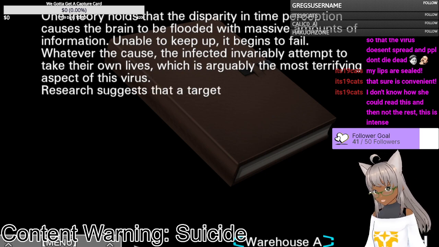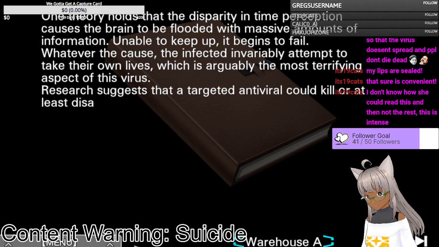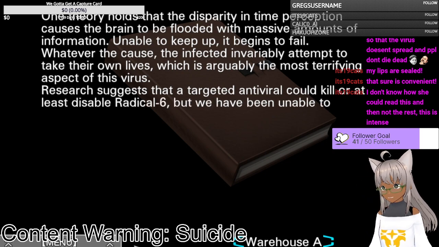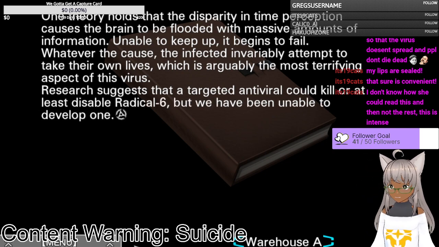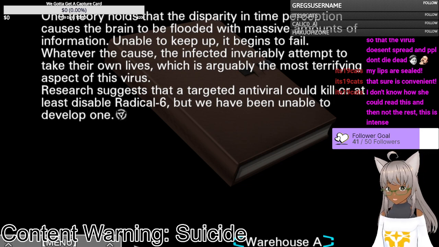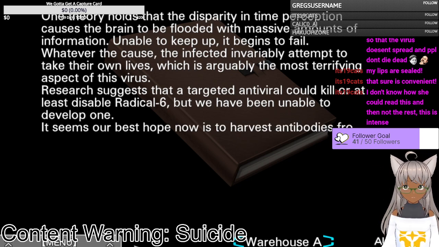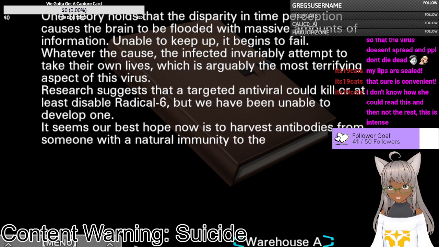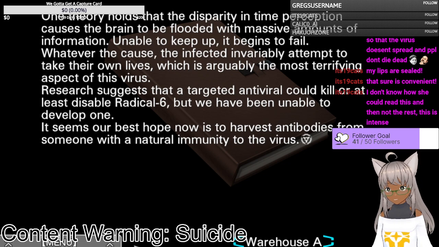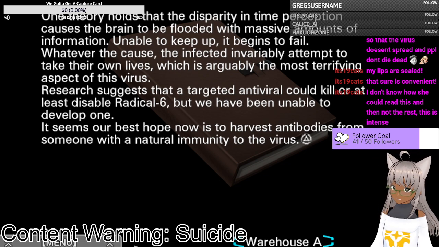It's the most terrifying aspect of the virus. Targeted antiviral could kill or at least disable Radical 6. So this is information that we have obtained before, but that we obtained it because we read the secret file. Why is it in Latin? That's my next question, why is this information in Latin?